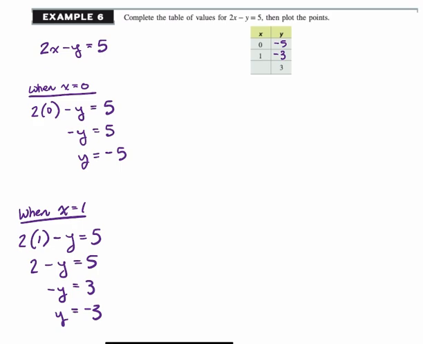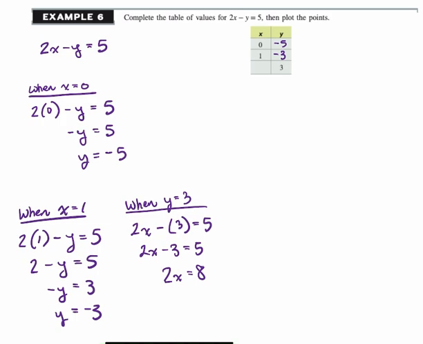And then for the third point, we're given a y value. So we can say when y equals positive 3. And then just plug in for y this time and solve for x. So 2x minus 3 equals 5. Then I'll add the 3 over, so 2x will equal positive 8.